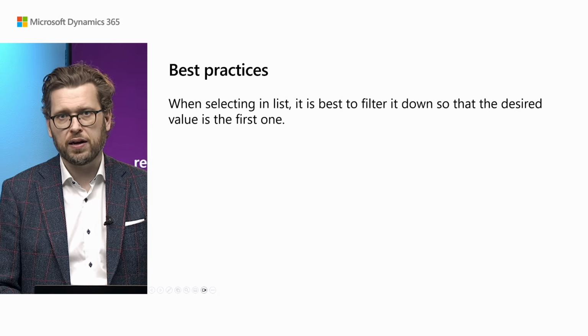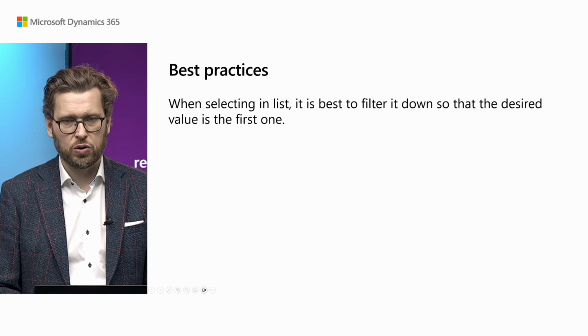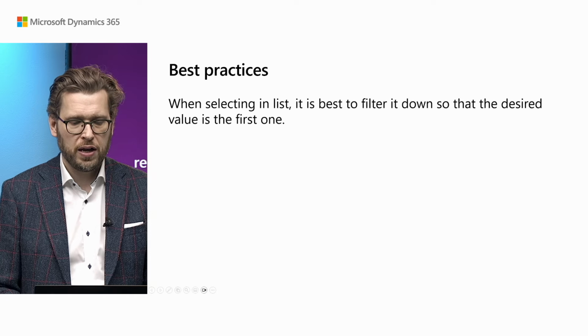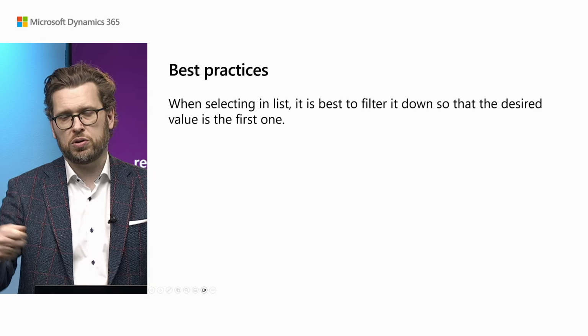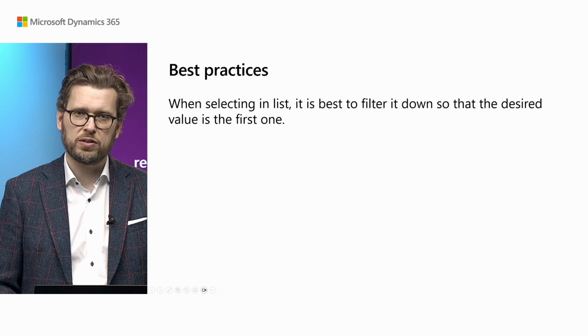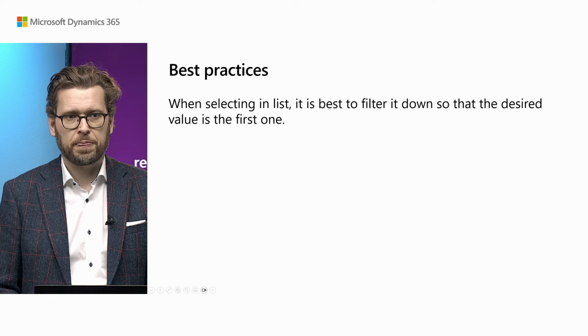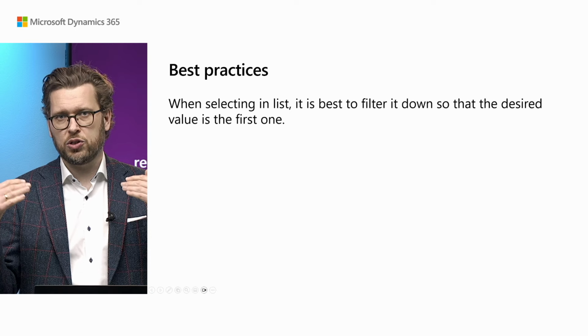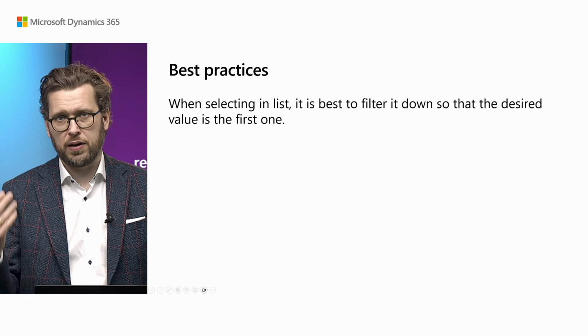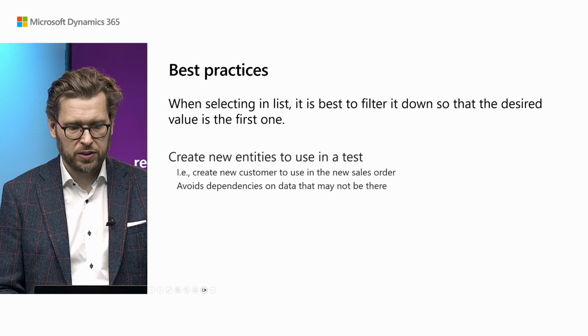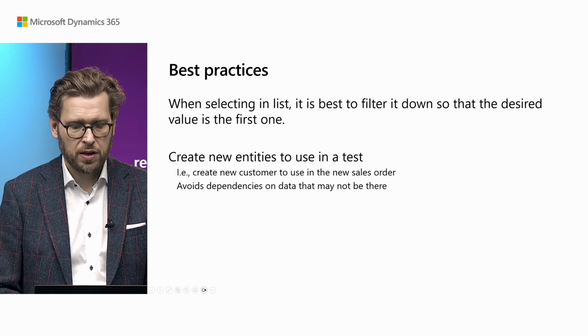You basically pick from the top right. And so if you want to match a specific one, it can be a good idea during recording to try to set a filter in the list, because we are capturing that filter, to make sure that the line that you're interested in is shown at the top. And then it will be selected during the replay as well, because it will apply the same filters.